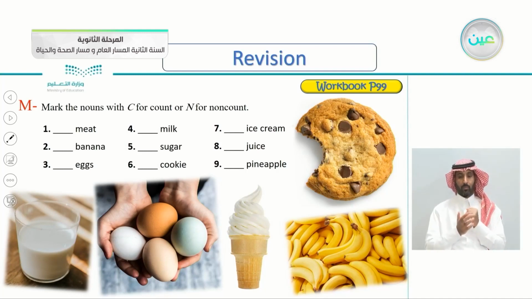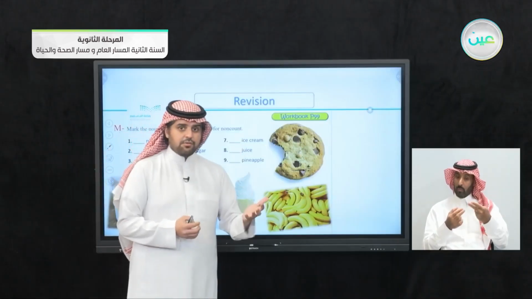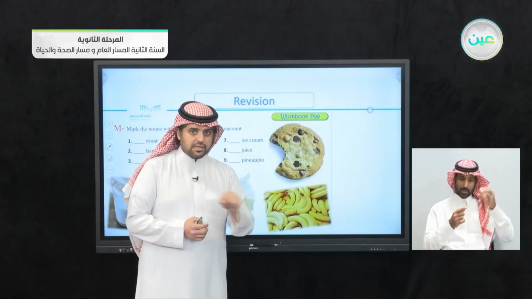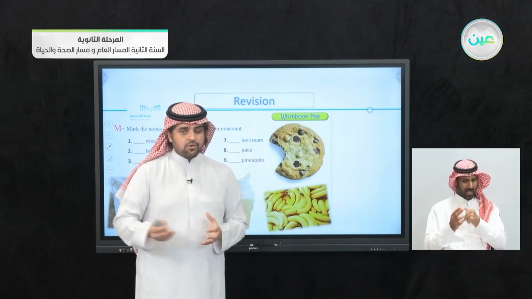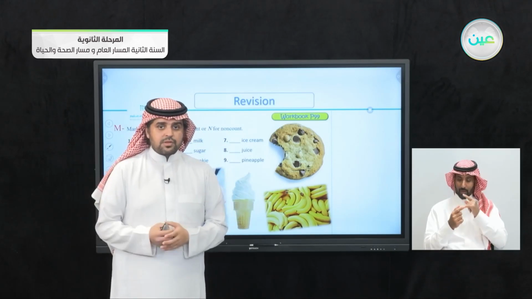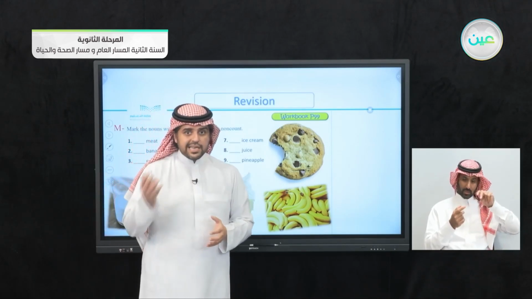So, exercise M here. Mark the nouns with C for count, N for non-count. If it is a count noun, just put the letter C. And if it's a non-count or uncountable noun, put the letter N.